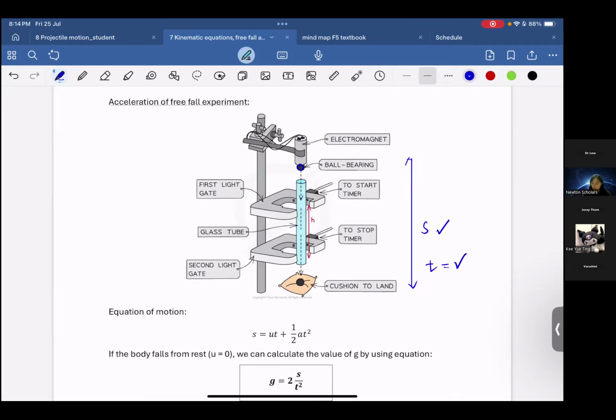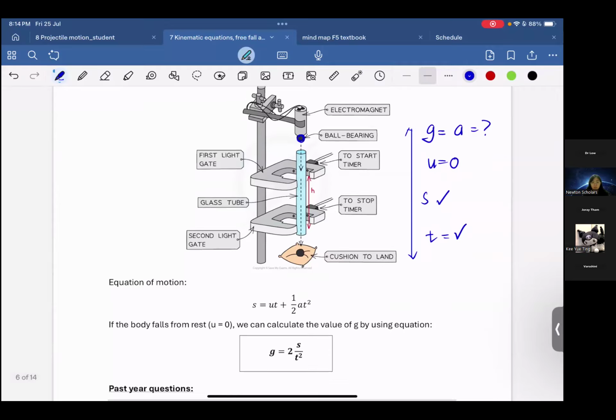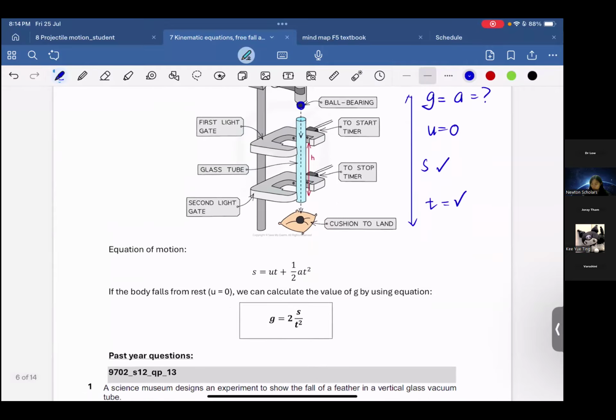We have S. We know that at the start, when we release, it starts from 0, so u equals 0. Then we want to find the acceleration, which can be written as the g symbol or a symbol. Just now, the 4 linear motion equations are related with a, u, s, t. So S equals ut plus 1 over 2 at squared.